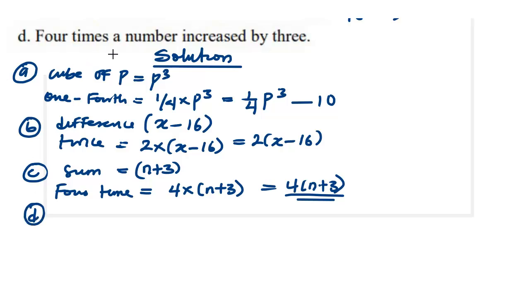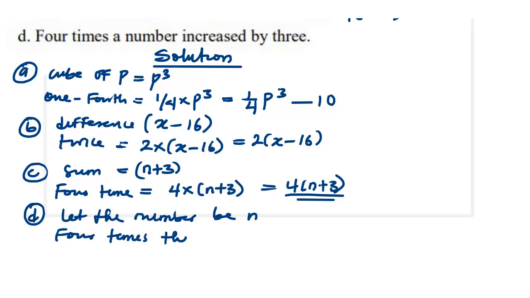Question D says 4 times a number increased by 3. 4 times a number. So we can say let the number be n. So 4 times the number will be 4 times n, which is 4n.